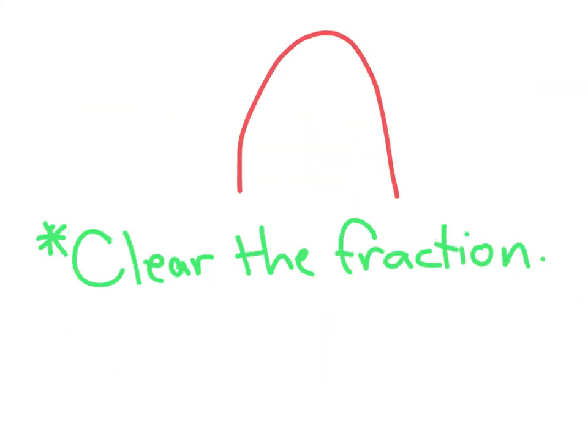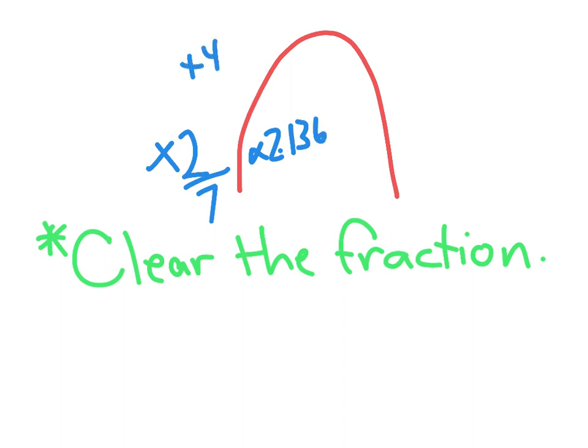To review, it doesn't really matter that these are rational coefficients. If you would have multiplied by 2, does it matter if it's multiplied by 2/7 or multiplied by 2.136? No. And if you added 4, does it make any difference if it's adding 4/9 or adding 4.35? It doesn't matter.